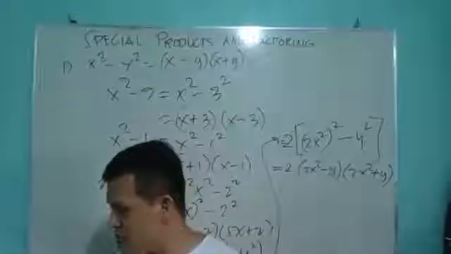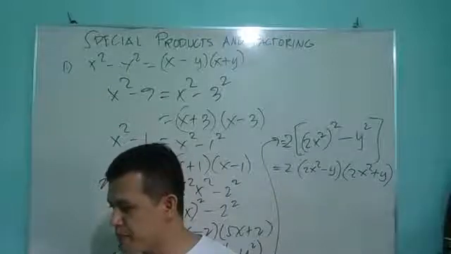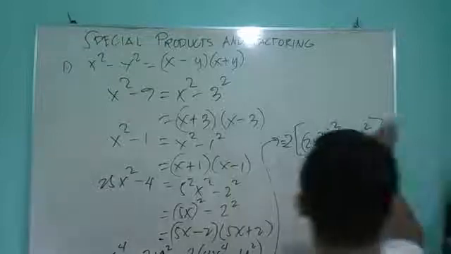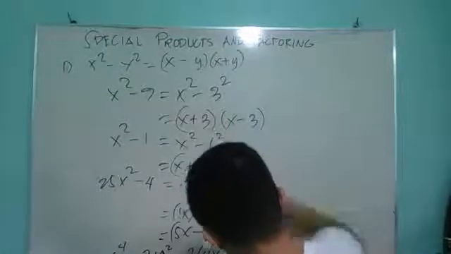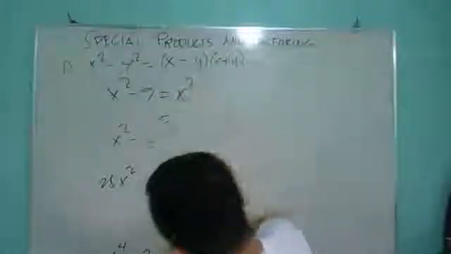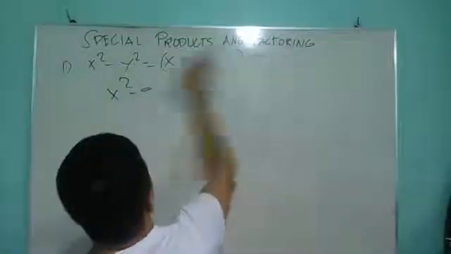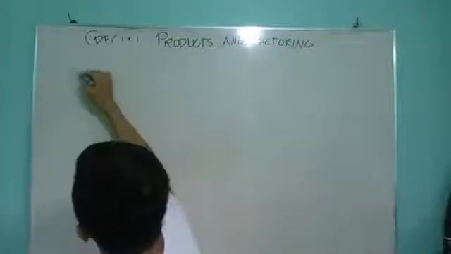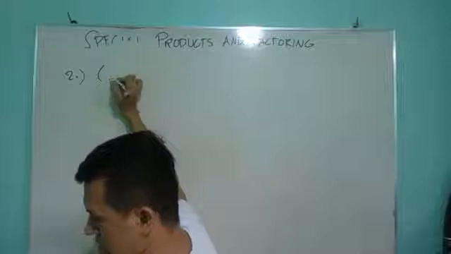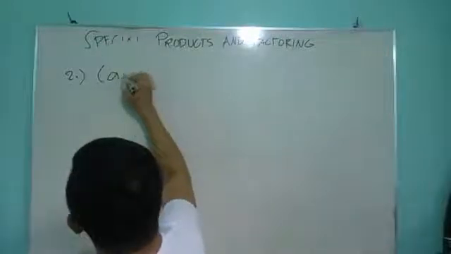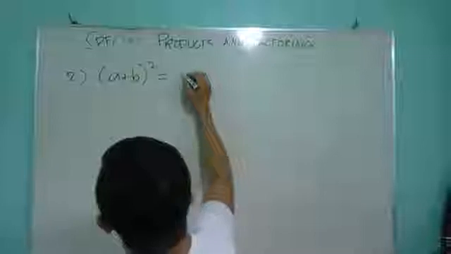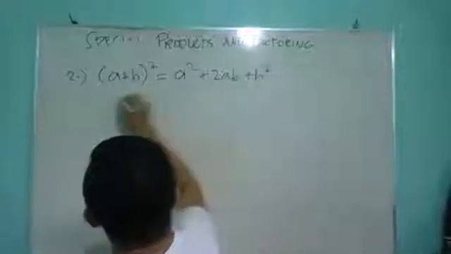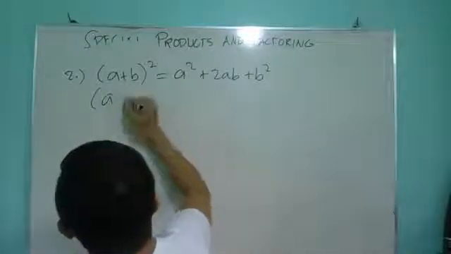Next rule. We have the second rule, a plus b squared, which is a squared plus 2ab plus b squared, or you can have a minus b squared.